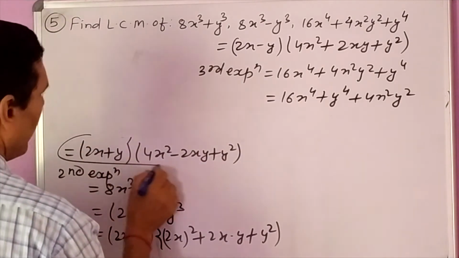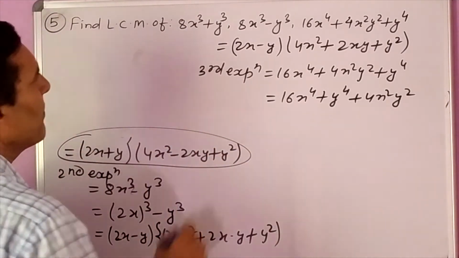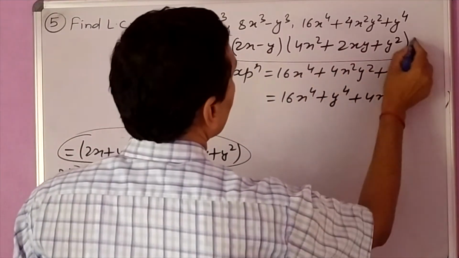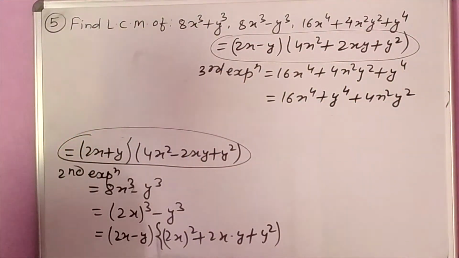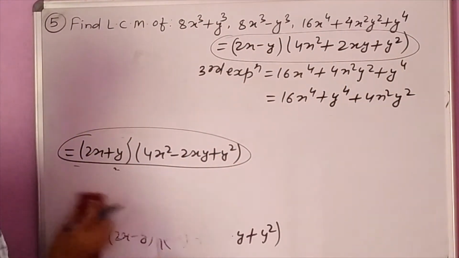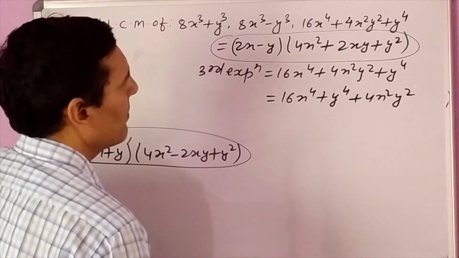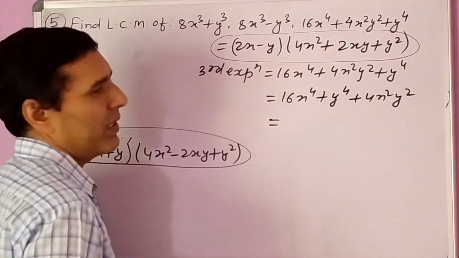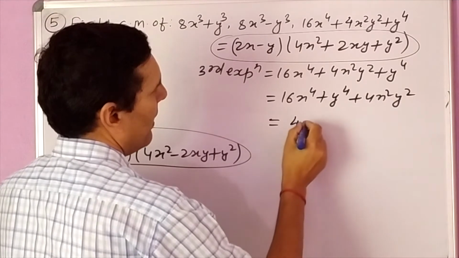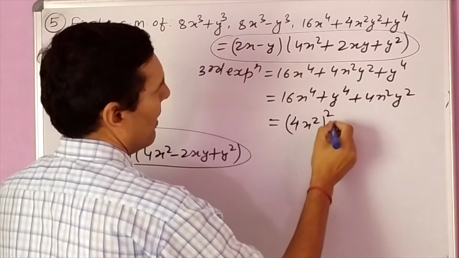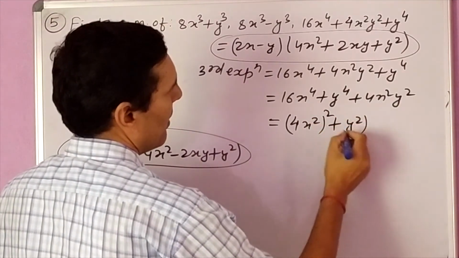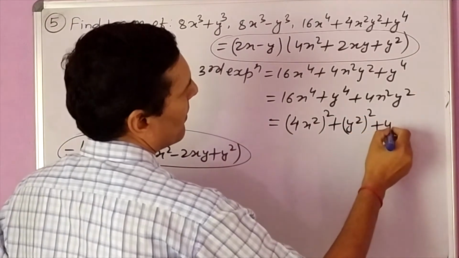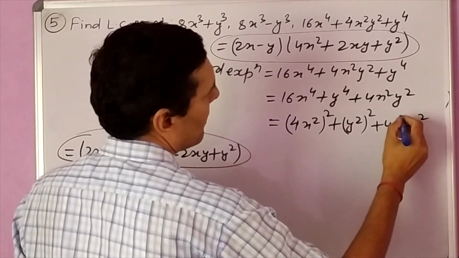These are the factors of the first expression. These are the factors of the second expression. So 16x power 4 can be written as (4x square) whole square and y power 4 as (y square) whole square, plus 4x square y square as it is.